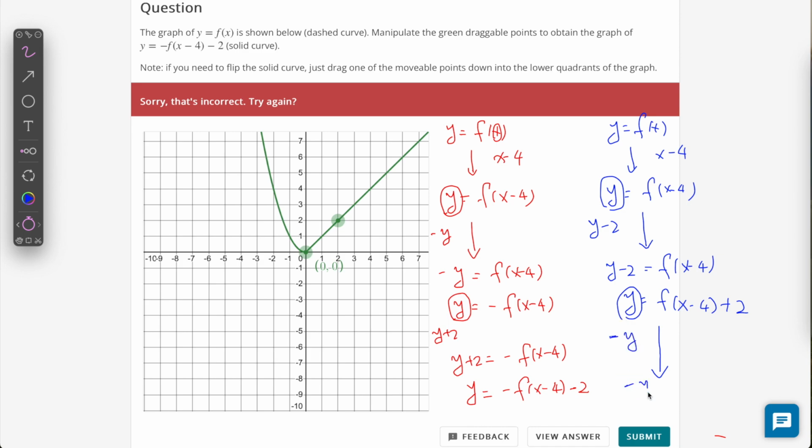So we have -y equals f of x minus 4 plus 2. And then we multiply both sides by -1 to get rid of the negative sign on the left side. So y equals negative of f of x minus 4 and also -2.